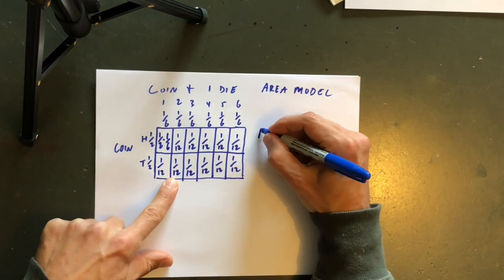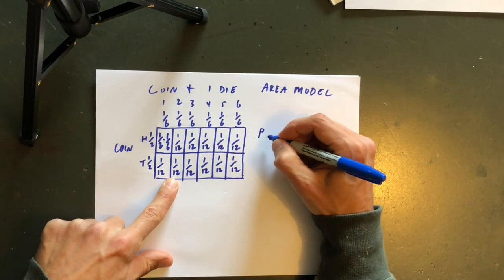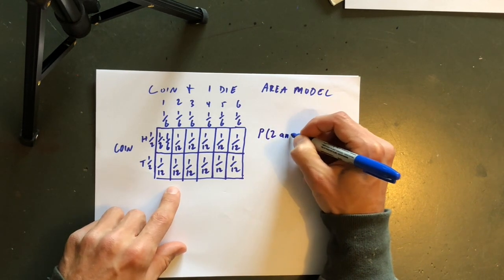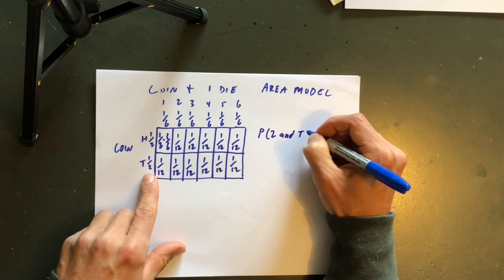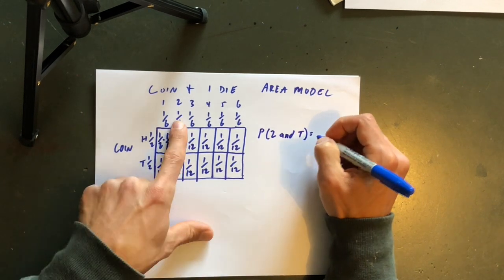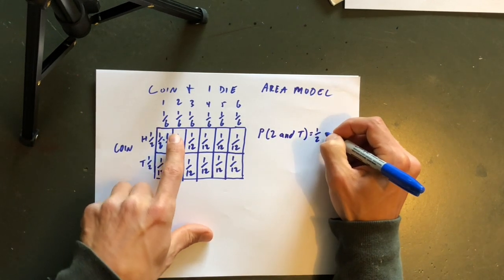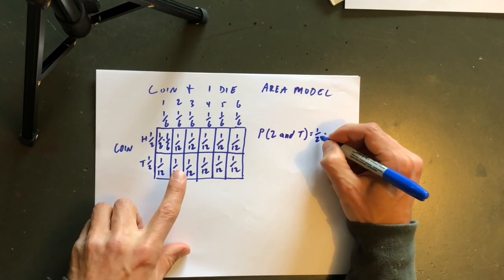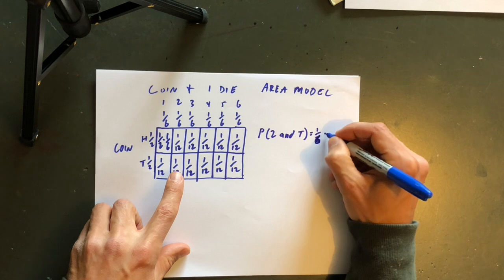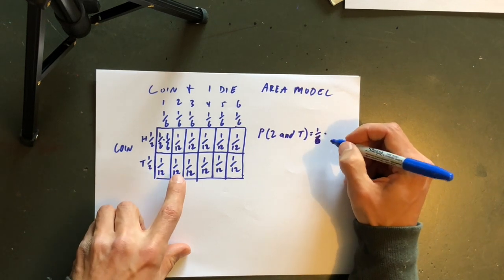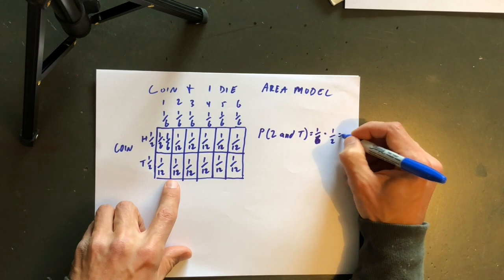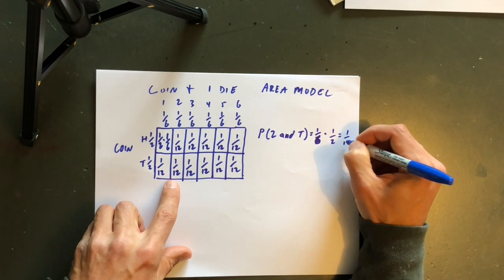So we'd say the probability of a 2 and a tails is, well, the probability of 2 is a 1/6, and then the probability of a tails is 1/2, which is 1/12.